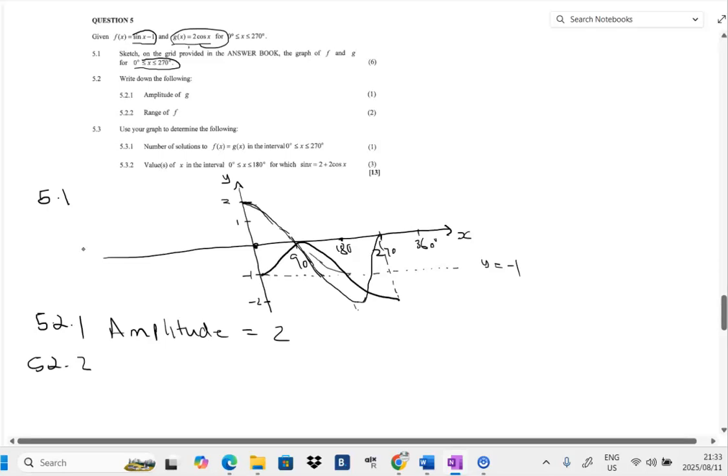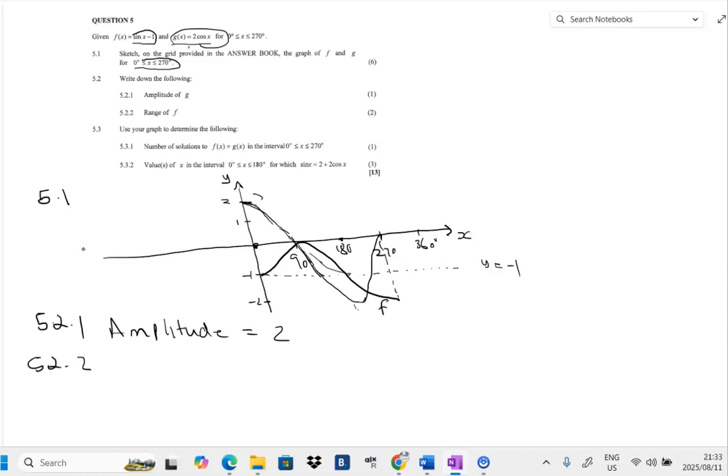This is f, and this is g. For f, the maximum is 0 and the minimum is -2. So the range is y is an element of -2 to 0.